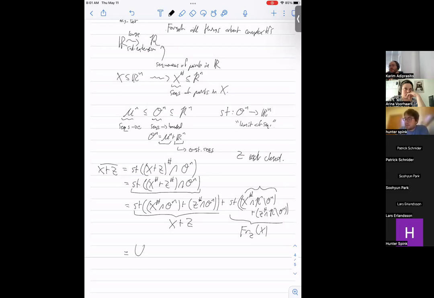So we're going to take a union over all types alpha contained in X, which are unbounded, of the following thing. So alpha is some subset of R to the n.